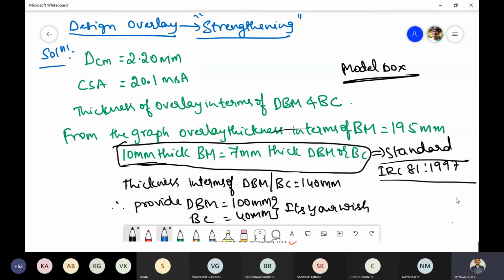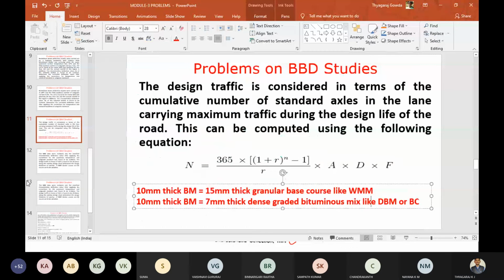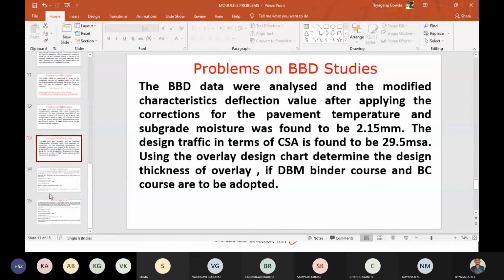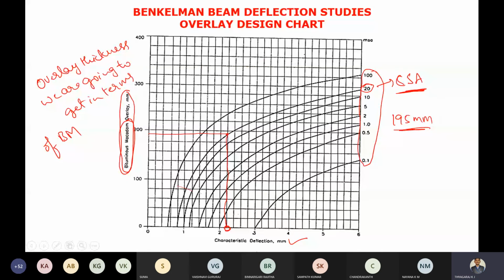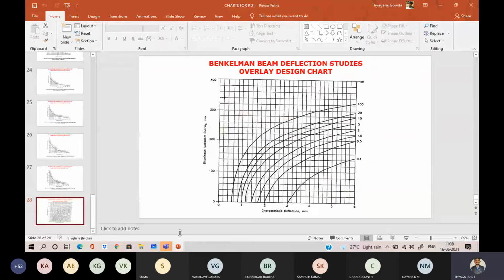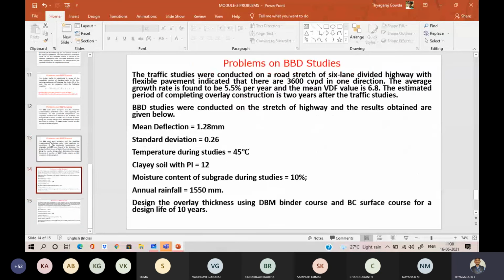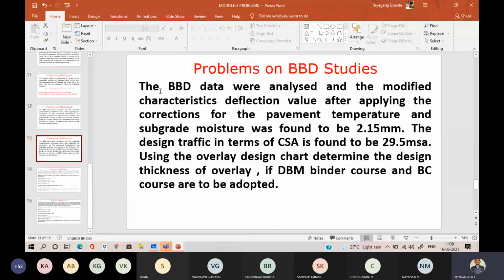So we'll move to the next problem. Note down the next problem. There are only two problems left. After solving these two problems, I am going to leave the class. So kindly note down.